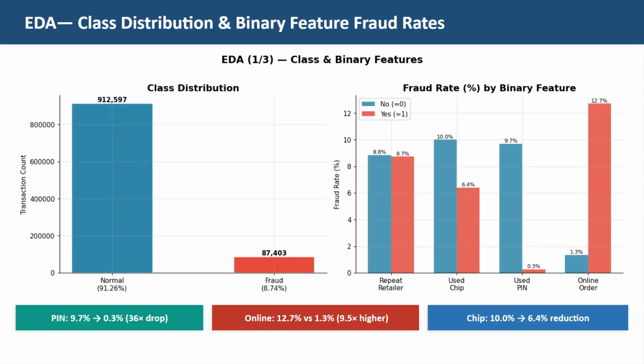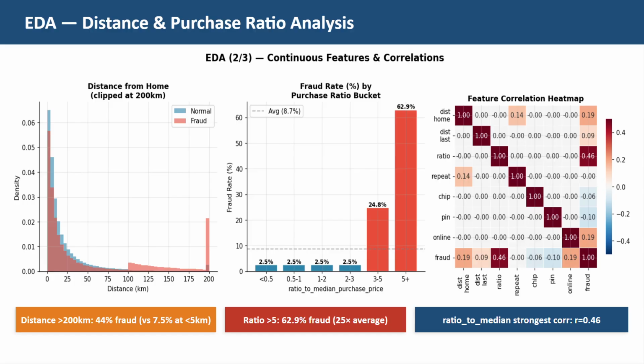And if we use PIN, the fraud rate drops a lot. If we use chips, the fraud rate also drops, which means such ways can be good tools to avoid fraud.